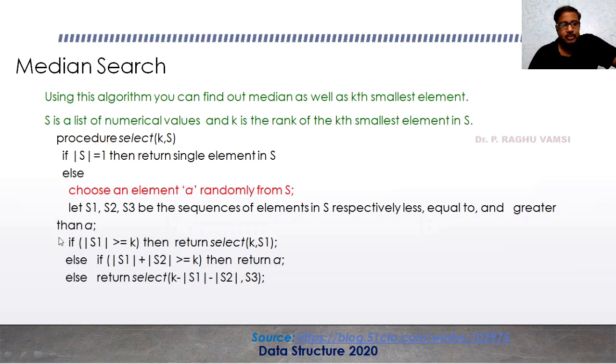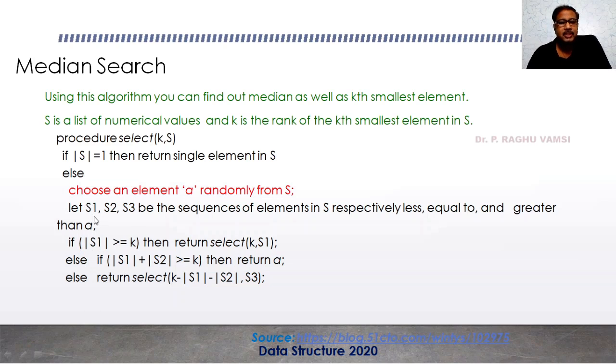So here there are very simple three conditions. The first one is you are supposed to take a random number from the unsorted list and create three subsets. In the first subset, the elements which are less than the randomly chosen element will be placed. The randomly chosen element will be placed in S2, and the elements that are greater than the randomly chosen element will be placed in S3. Now these three will be checked.